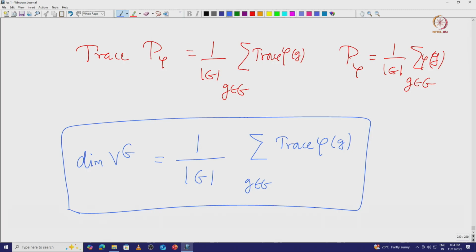So, for some reason if we know that this quantity is non-zero, then that will make sure that the dimension of V^G is actually non-zero.